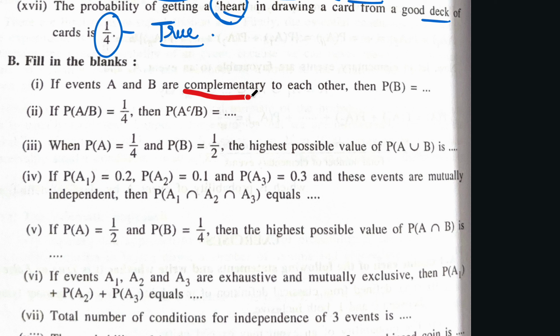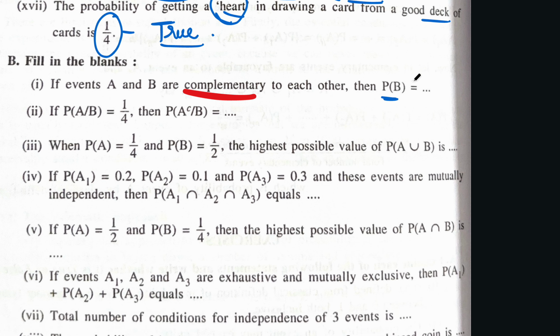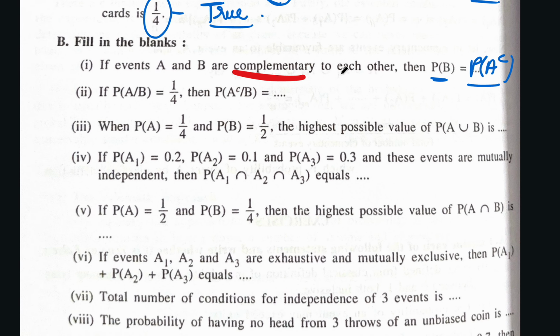Here complementary means something else than the usual meaning that we take. So probability of B is equal to, the book says, probability of A complement. I don't know. I'll figure this out later.